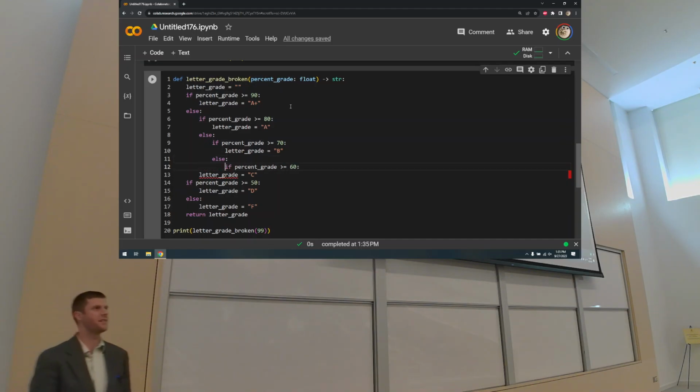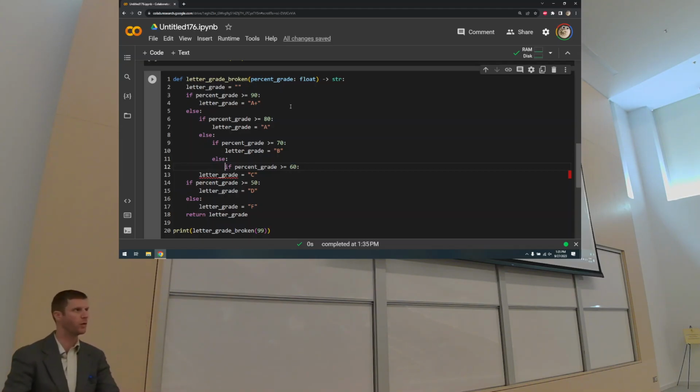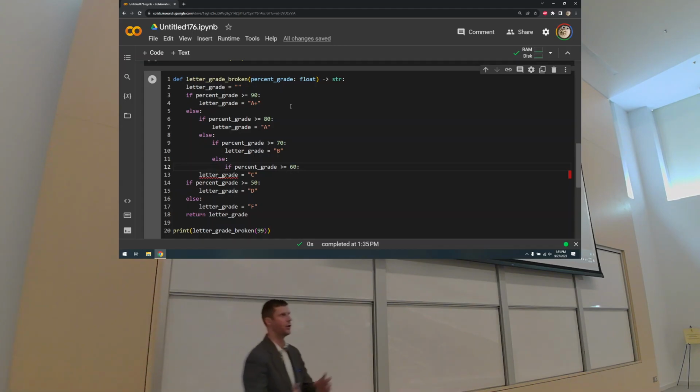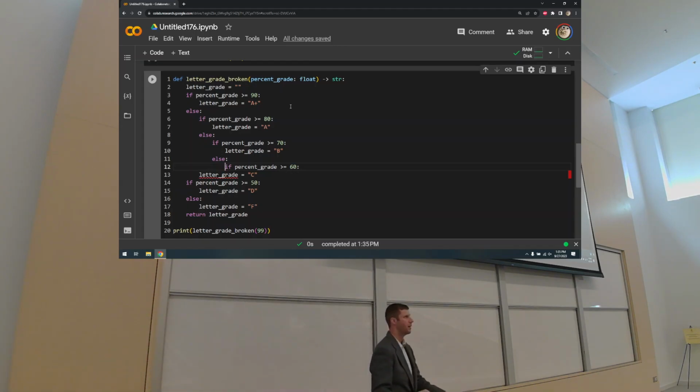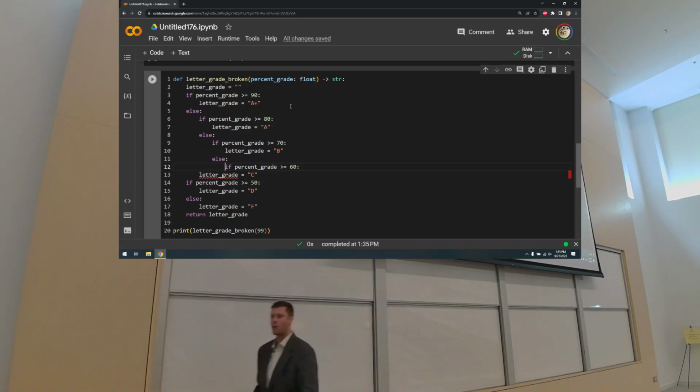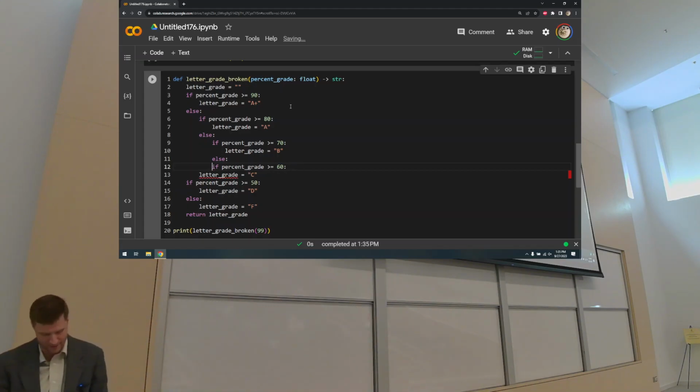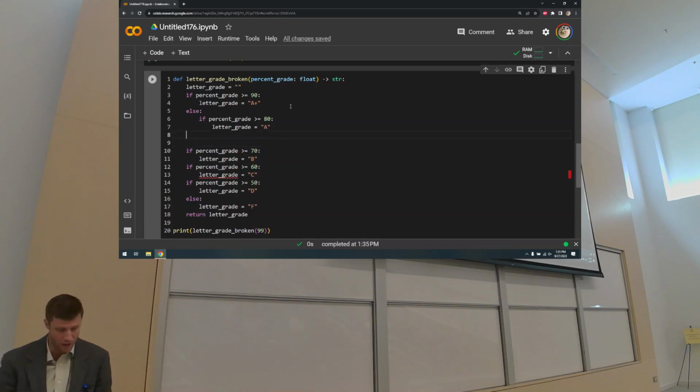But as you can see, this is going to start getting a little hairy. I mean, this idea would work, where this, otherwise do, and then another if statement.